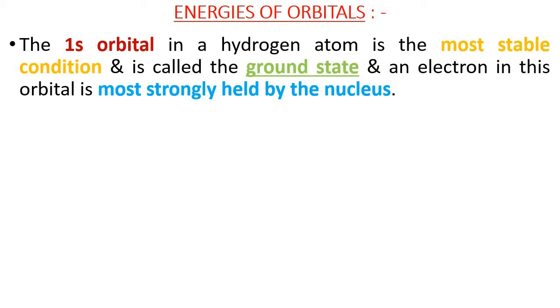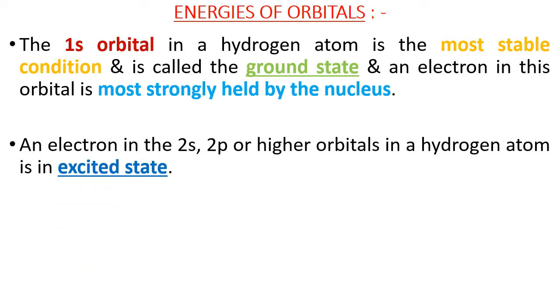The 1s orbital in a hydrogen atom is the most stable condition and is called the ground state, and an electron in this orbital is most strongly held by the nucleus. An electron in the 2s, 2p or higher orbitals in a hydrogen atom is in an excited state.